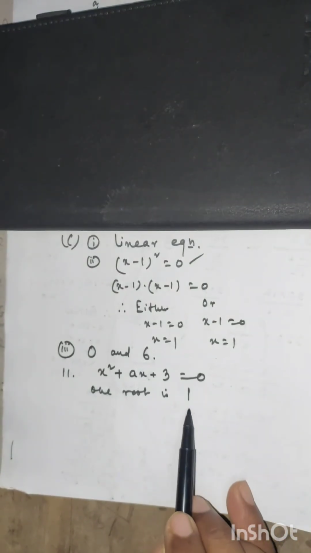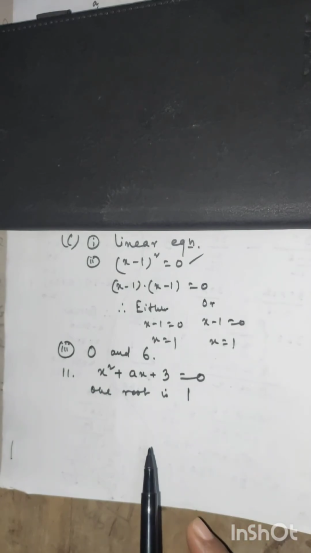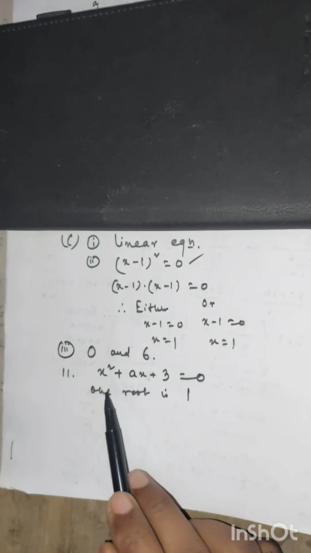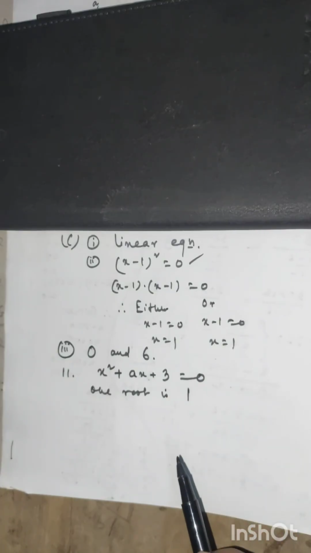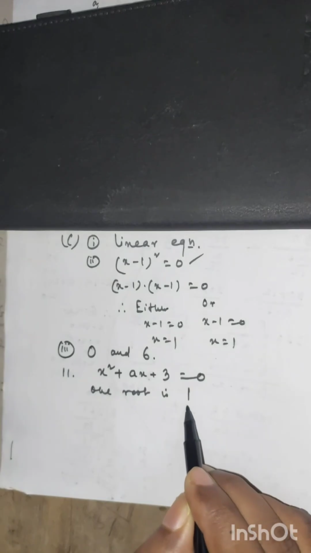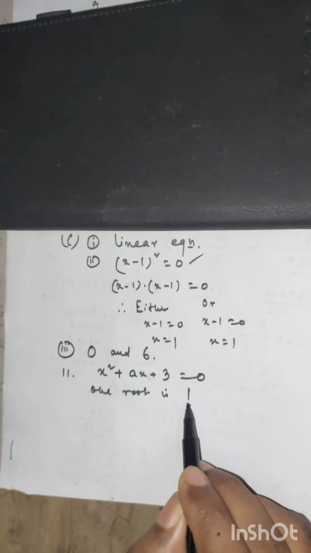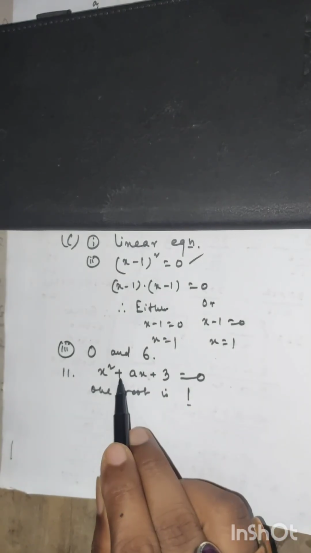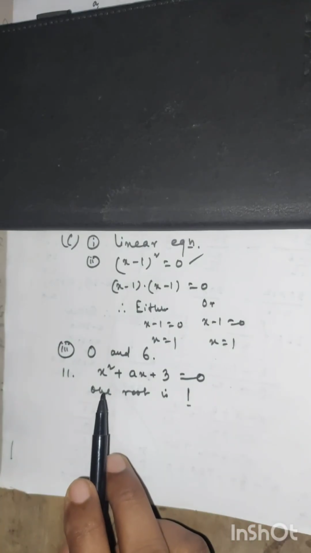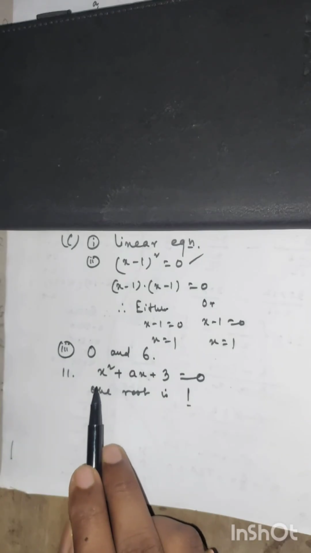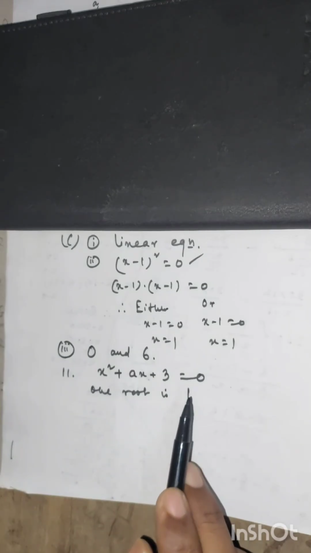So if one root is 1, we know a quadratic equation has two roots. So one of them is 1. So if we put 1 in place of x, then it will satisfy the given equation.